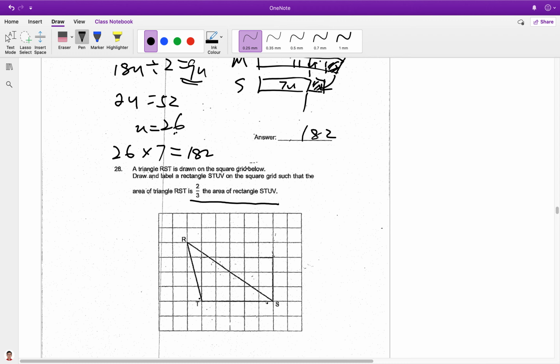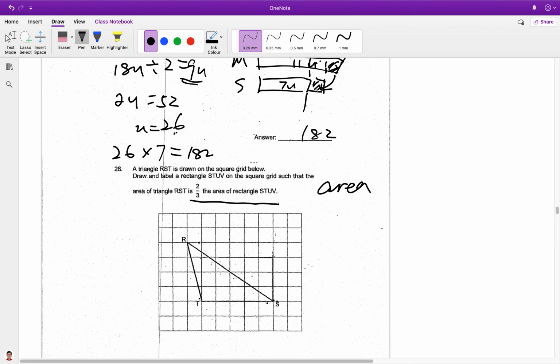Well, this question examines how we calculate the area, right? The area of a triangle is the base times the height divided by 2, right? While for the rectangle, normally it's the height times the width, right?